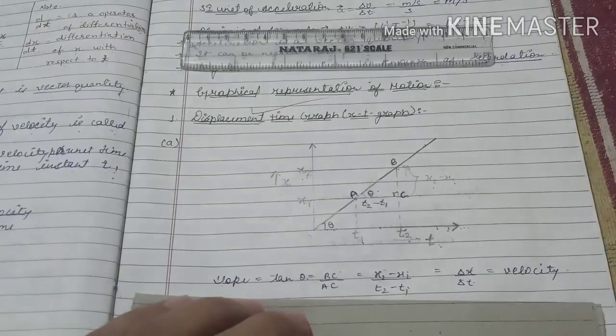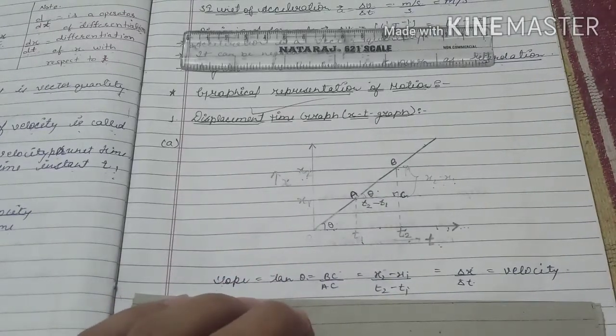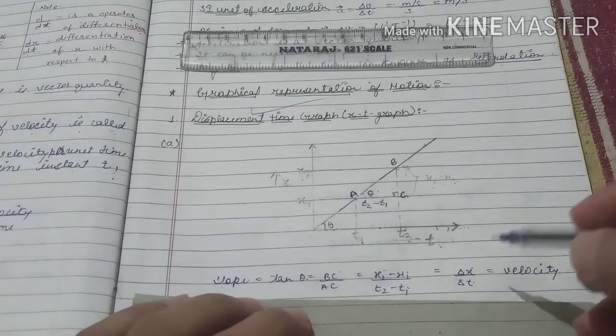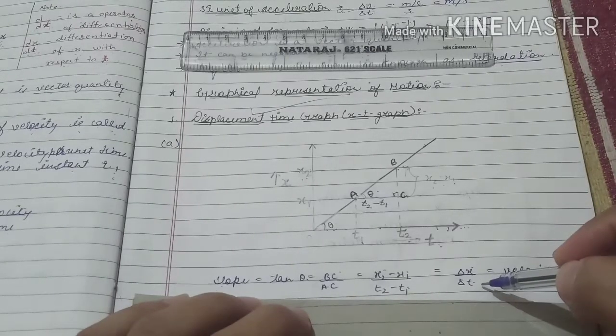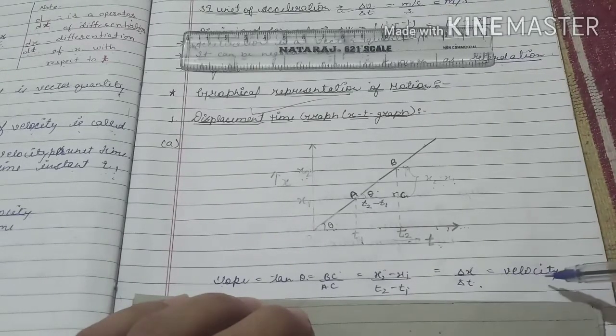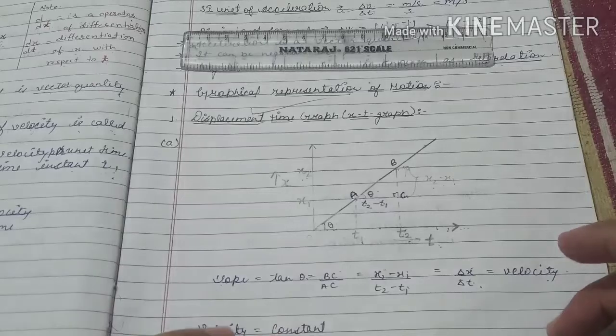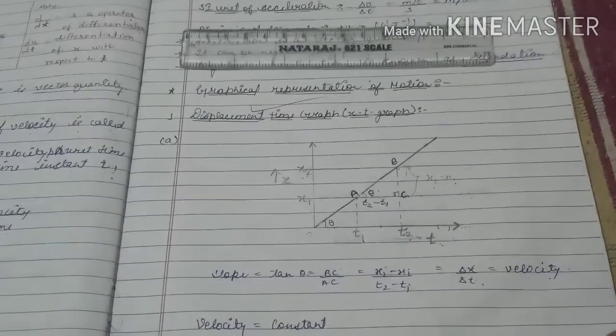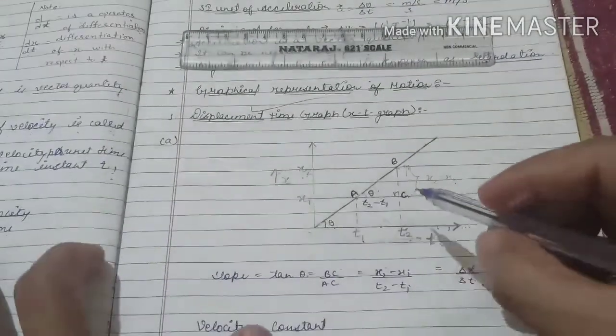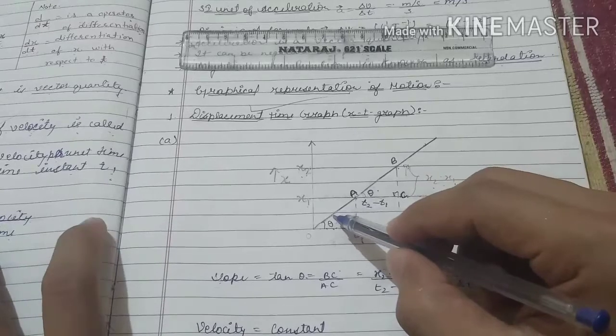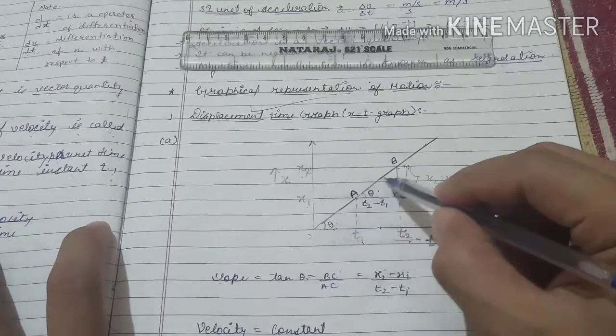And you know that delta X is a change in displacement, and delta T is a change in time. Then change in displacement divided by change in time is known as what? It is a velocity. Okay, this formula is known as velocity. And then we can say in this graph, x is increasing with a straight line.